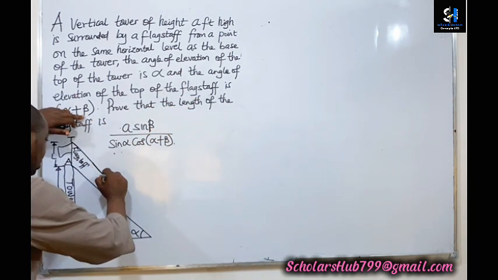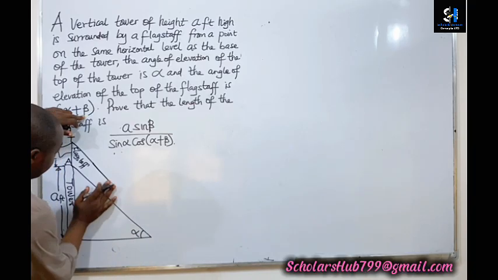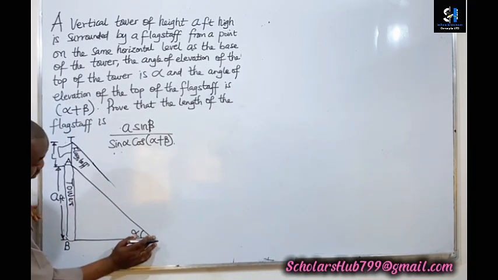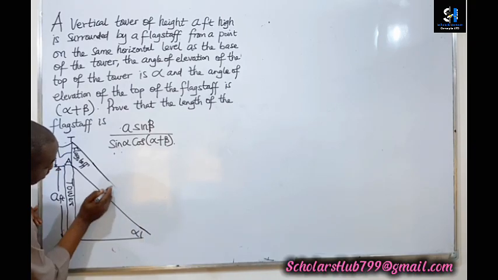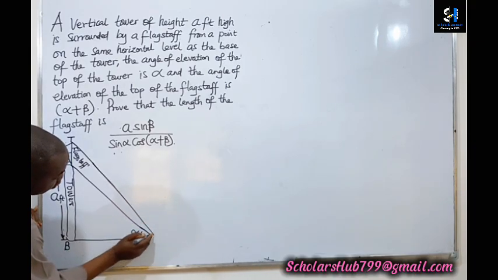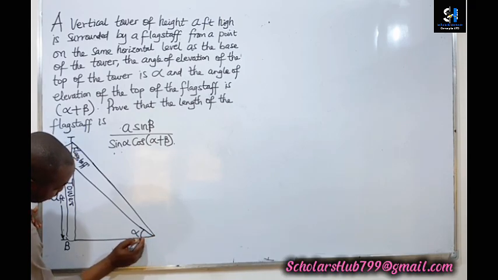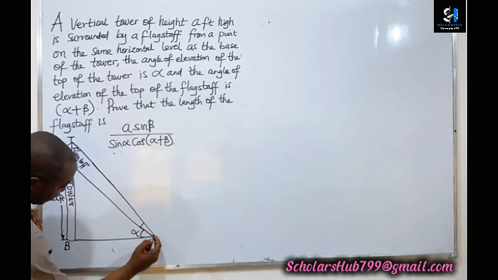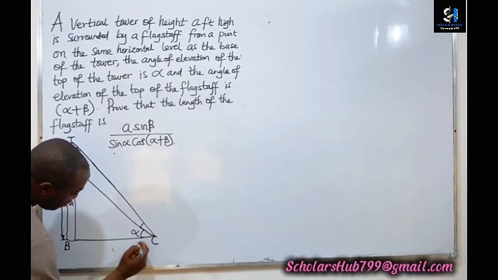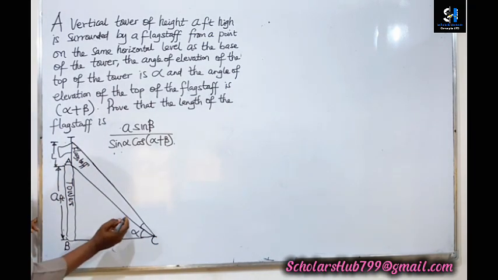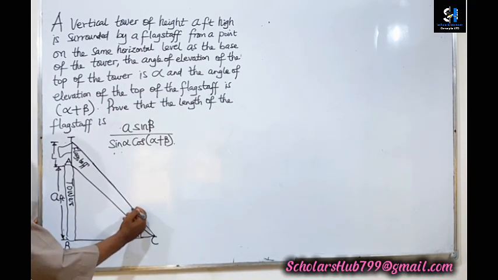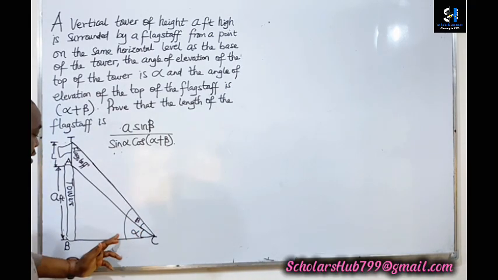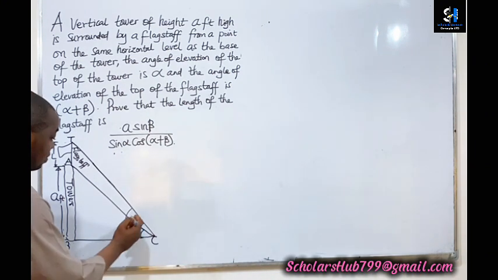So I'm going to draw a line to the same point on the same horizontal level. Now this point is labeled with the letter C. So the angle here will be beta and this is alpha, which means the angle of elevation of the flagstaff will be the sum of alpha and beta.